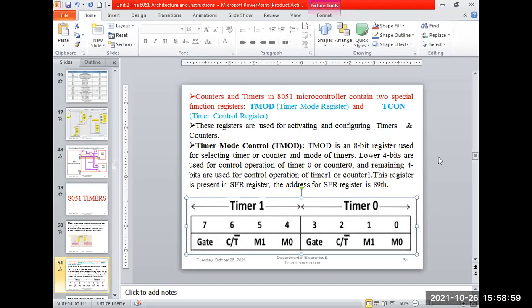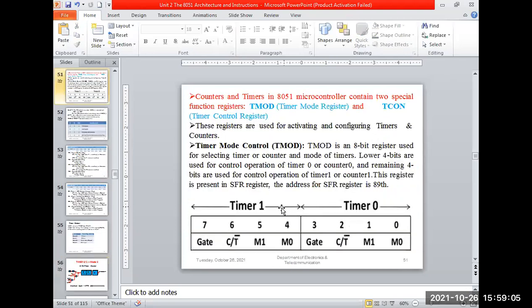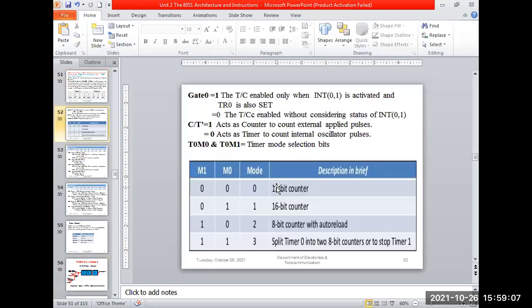So I will show it here also. We have that PPT also. Same thing we wrote, the T mode operation. Then based on the T mode operation, we have the modes of operation: 13-bit, 16-bit, 8-bit auto-reload, and the 8-bit split mode.